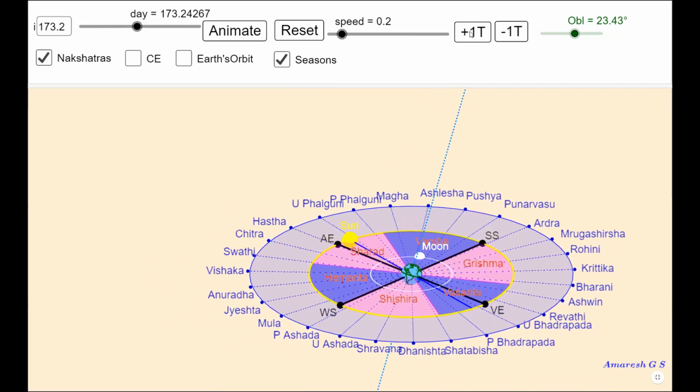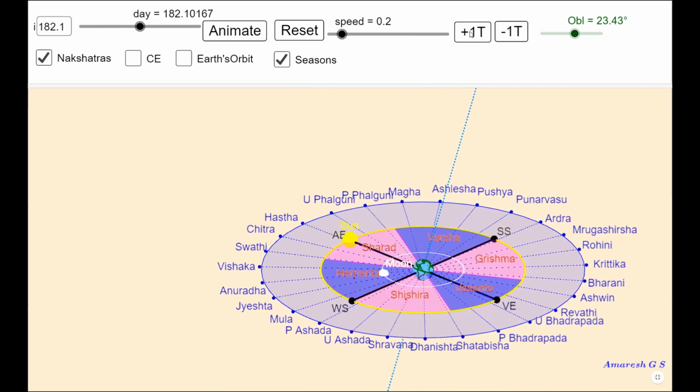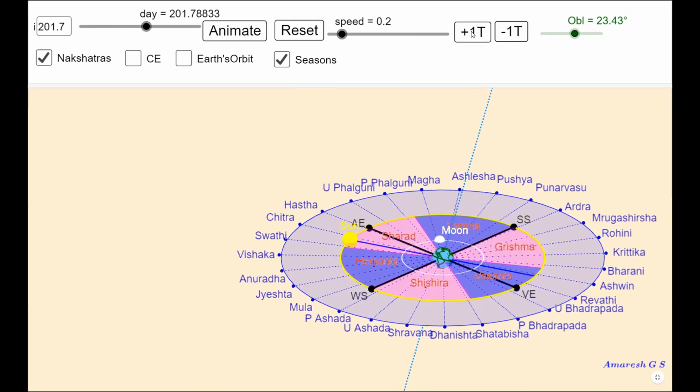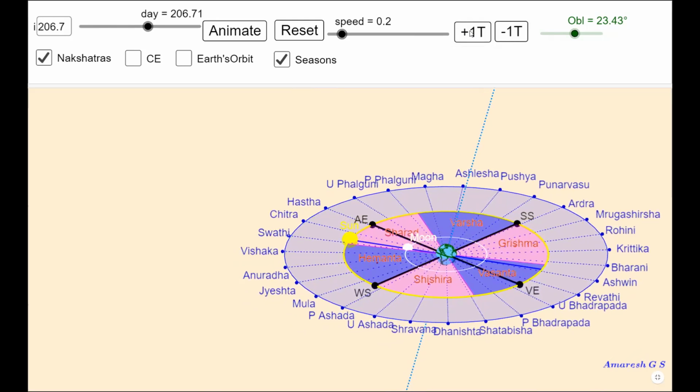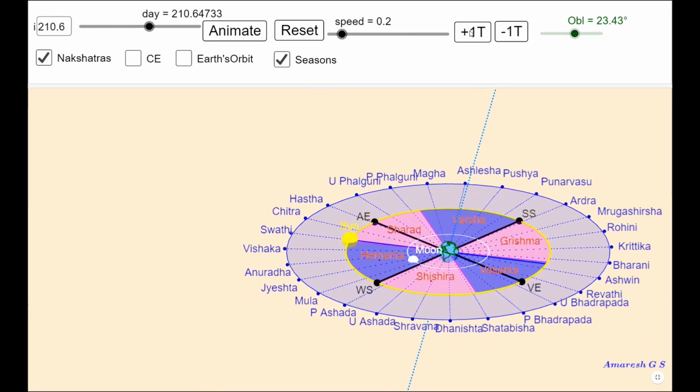And when we reach the point of autumnal equinox, that is the halfway, midway point of the Sharad Rutu, and that signifies the end of the first solar month of the Sharad Rutu, that is Isha. And now the second month begins, which is Urja. At the end of Sharad Rutu and the end of Urja solar month, we are now entering Hemanta Rutu.